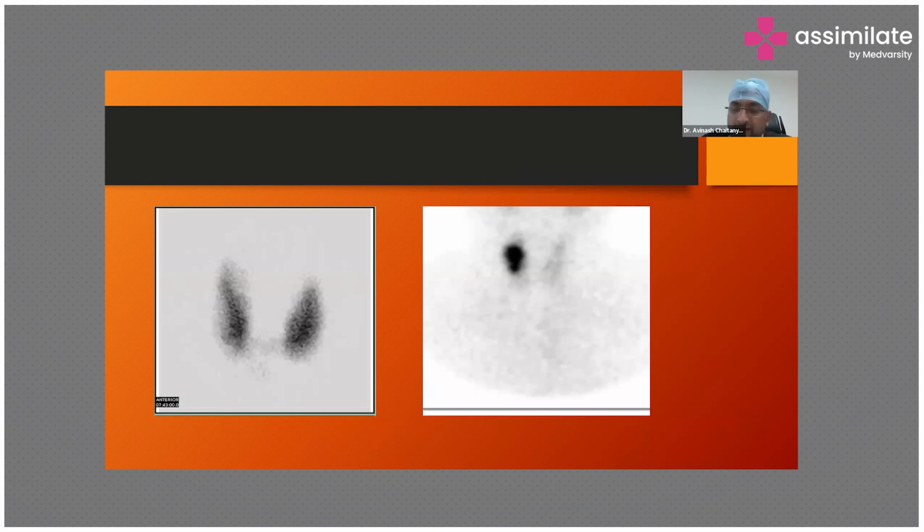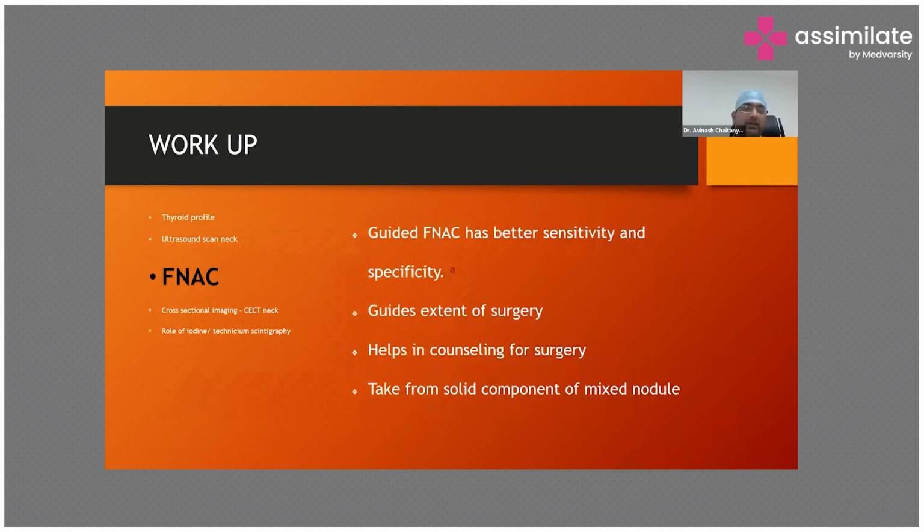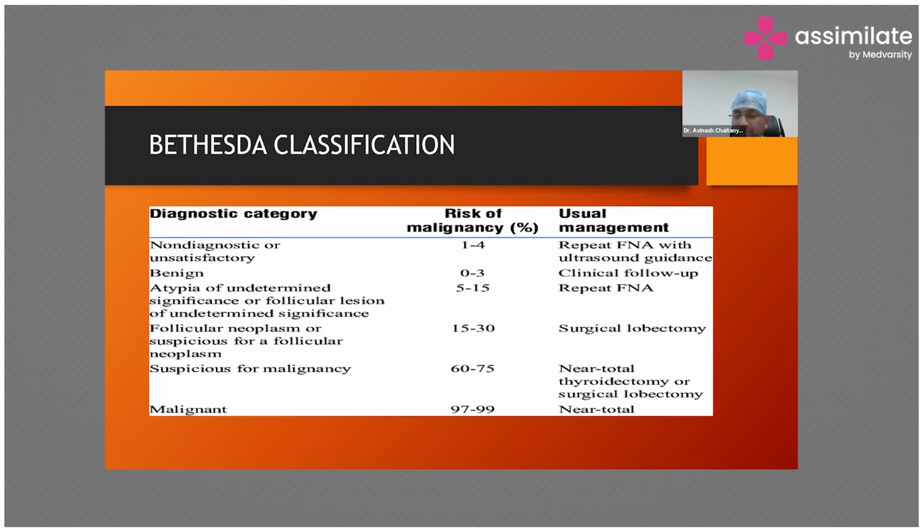So the next thing, and the most important thing for us to go ahead, is a FNAC. So FNAC will guide the surgery. It will help us, if we know preoperatively that it is cancer or benign, we can counsel the patients better. So we have to make sure that we are taking the FNAC from just the solid component of the tumor.